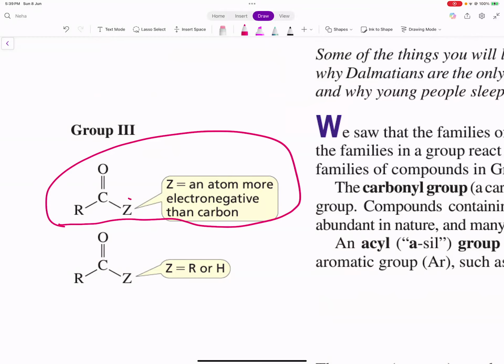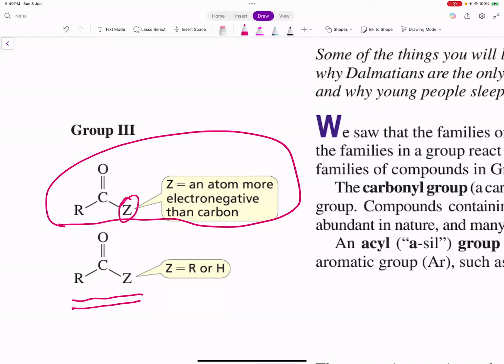In these cases, this Z atom will be more electronegative than carbon. And in the second case of carbonyl compounds, Z is either going to be an alkyl or aryl group. Basically, this carbon will be again bonded to another carbon or a hydrogen. So these are aldehydes and ketones, right?